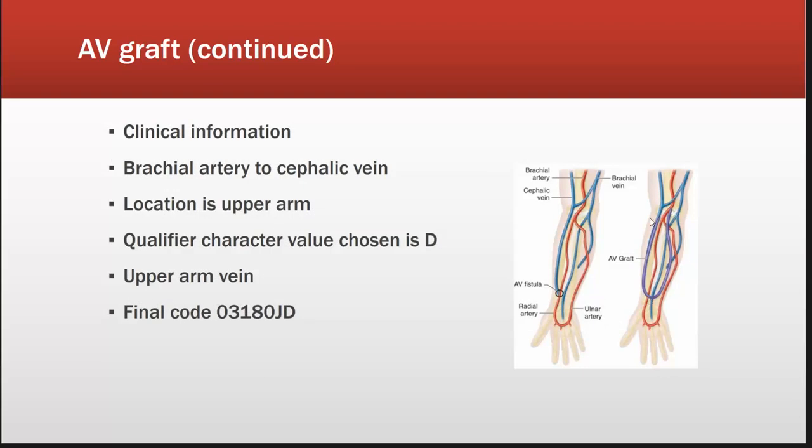Where's the cephalic vein? Upper arm. So you choose the qualifier value of D. Your final code for an open placement of a synthetic AV graft from the left brachial artery to the cephalic vein is 03180JD.